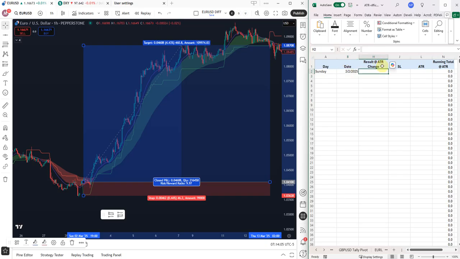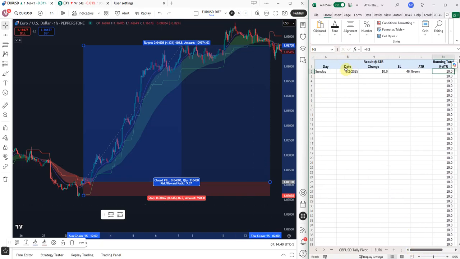The resulting ATR change, because that's how we're, when it changed color, that's what that means, result at ATR change, when it changes colors, was 9.97. Okay. It's rounding it to 10, that's fine. And then our stop loss was 46 pips. Okay. And the ATR, if you want to know what that was, it was green. All right. And there we go.